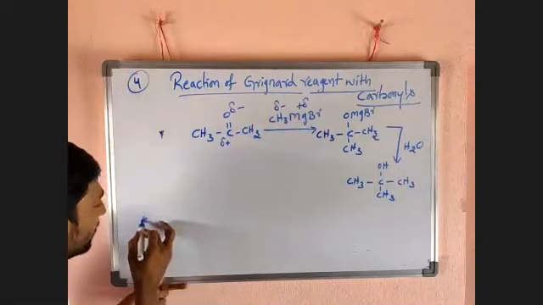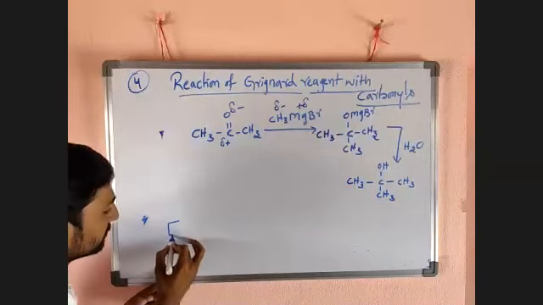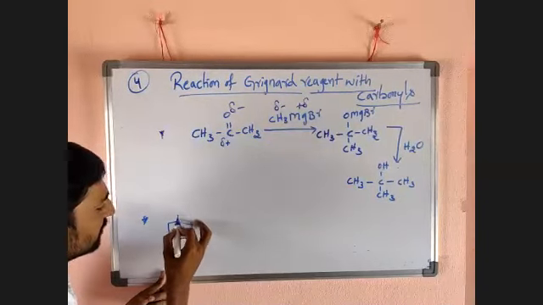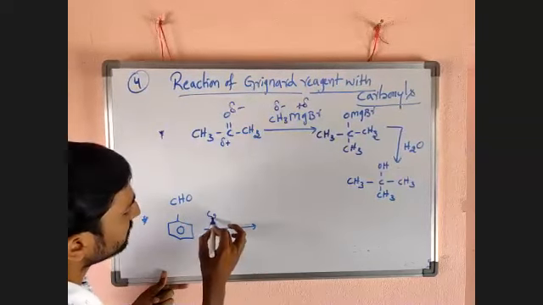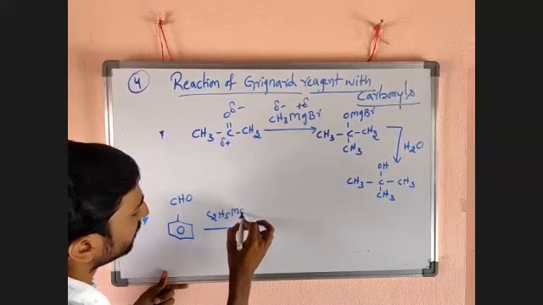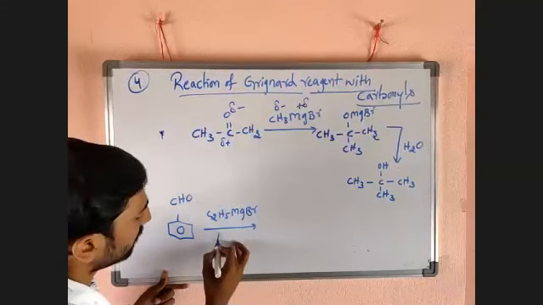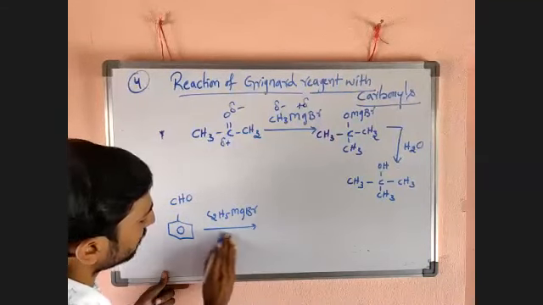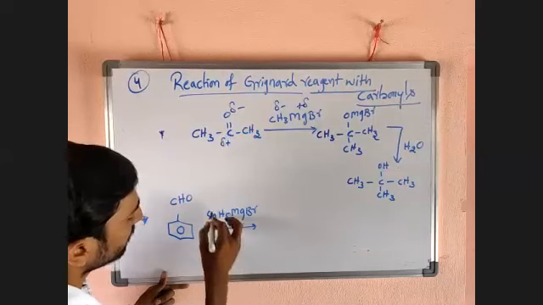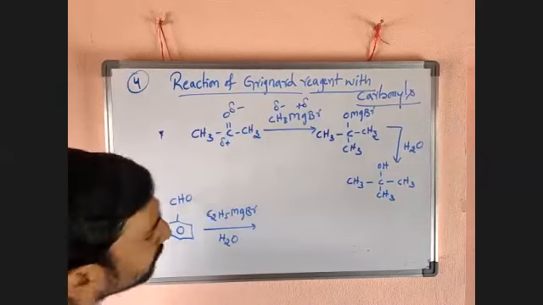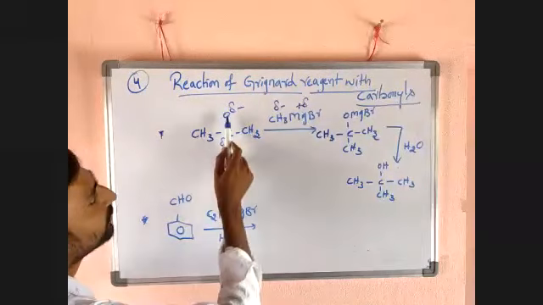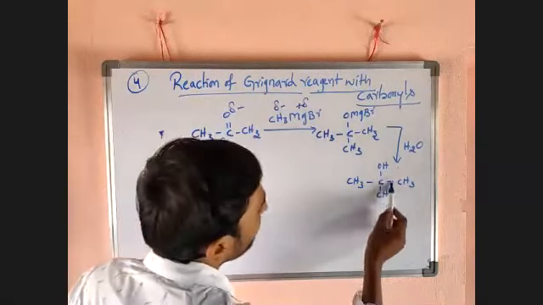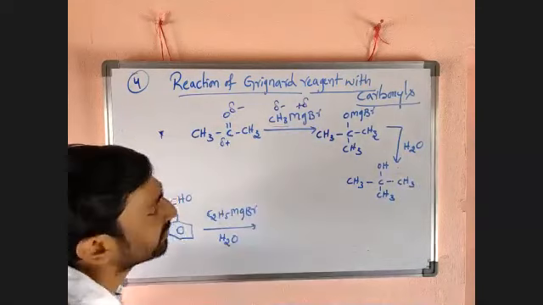Now I have to take an aldehyde. The same process takes place. There I have to take CHO with C2H5MgBr. Directly I want to write hydrolysis. What happens here: this O will convert into OH, and this carbon will get an extra part of the Grignard reagent.